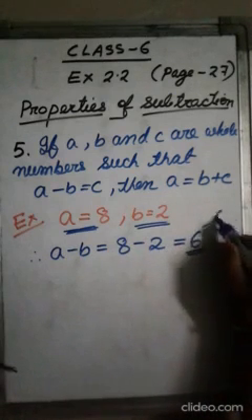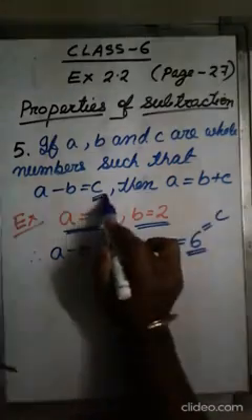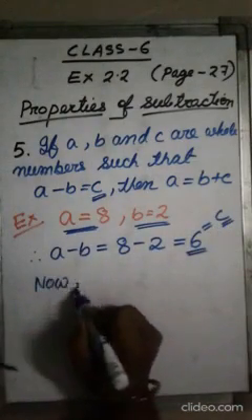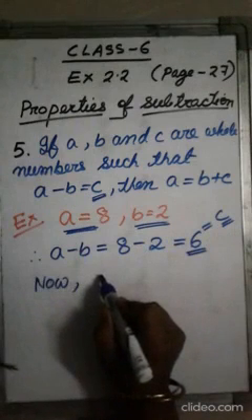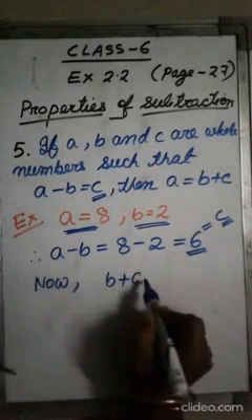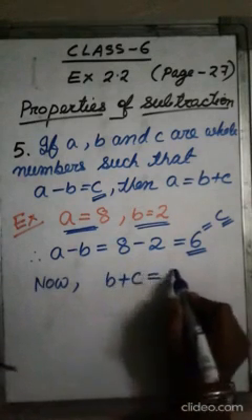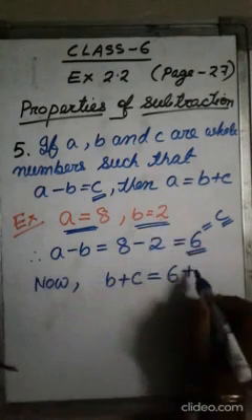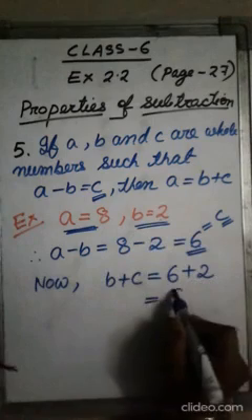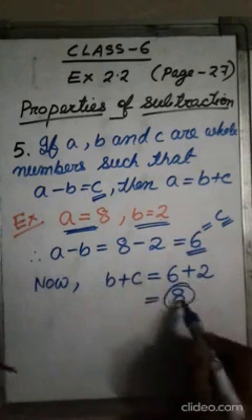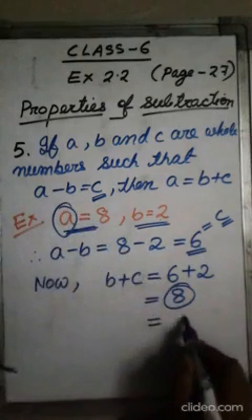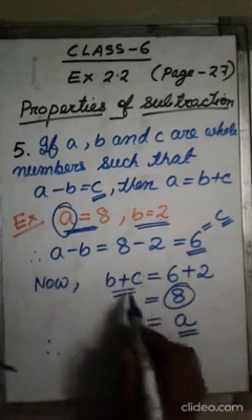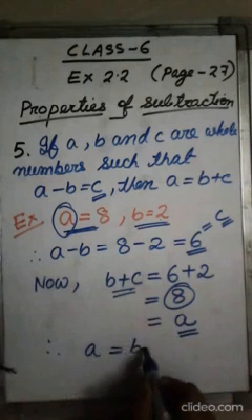So this will be our C. Now we shall check what is B plus C. B plus C is nothing but C is 6, B is 2. It is equal to 8. 8 is what? 8 is A. So it is equal to A. Therefore, A equal to B plus C.